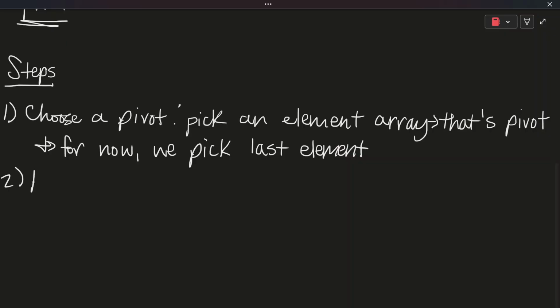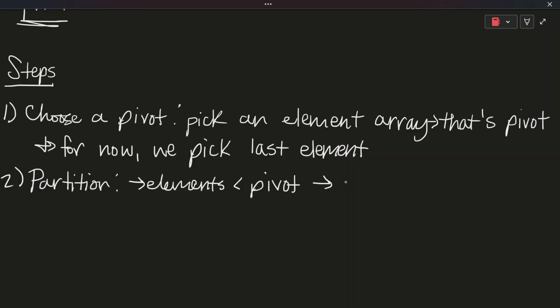And then we do the partition of the array. So elements that are less than the pivot go to the left.